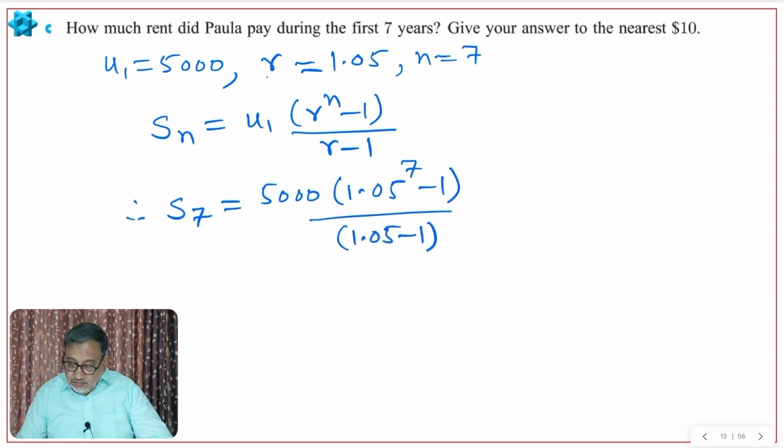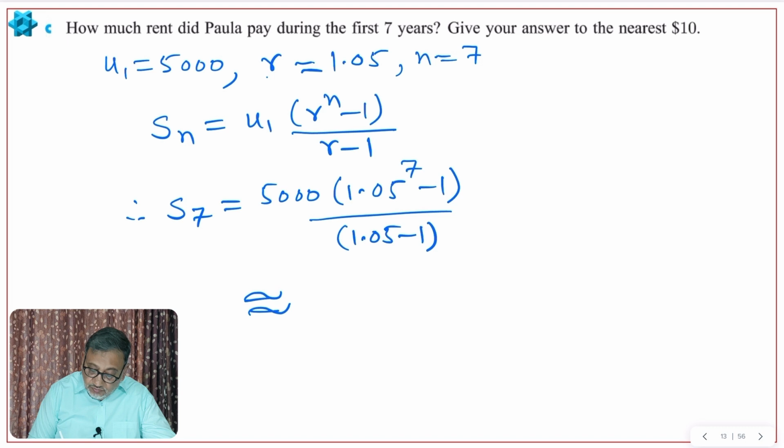So all this I will put in the calculator. 5,000 into bracket 1.05 to the power 7 minus 1, divided by 1.05 minus 1, though I can write 0.05 also. So 40710, that will be the nearest $10.